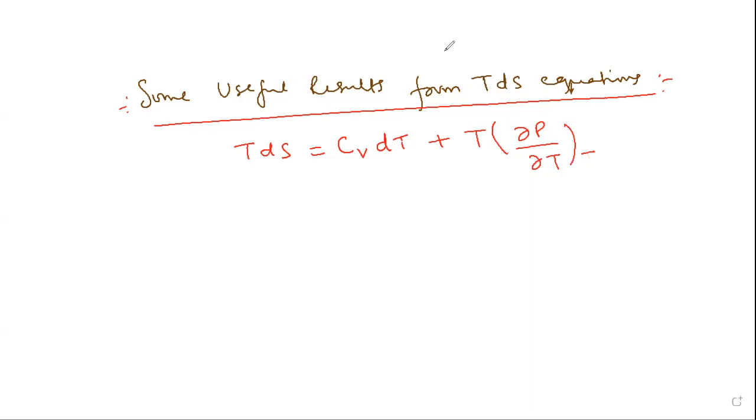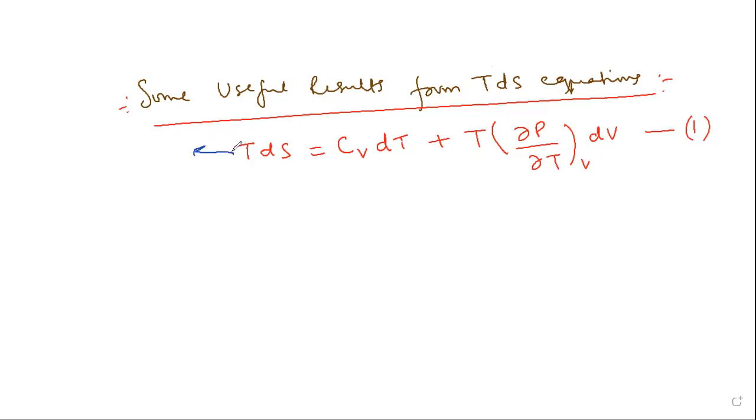Sorry, it is at constant V. Let me check it. TDS equals Cv dT plus T dou P by dou T, volume held constant, times dV. This is our first TDS equation.